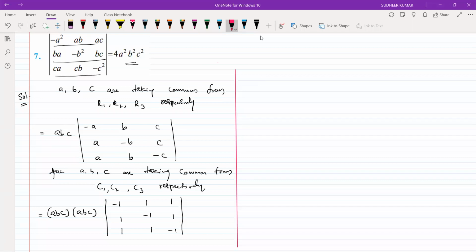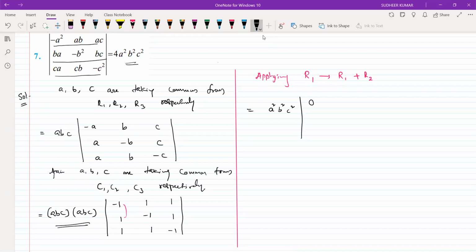Here, applying R1 changed as R1 plus R2. The left side part is a square, b square, c square, that is abc whole square, and R1 changes: minus 1 plus 1. If you add these two, you'll get 0.